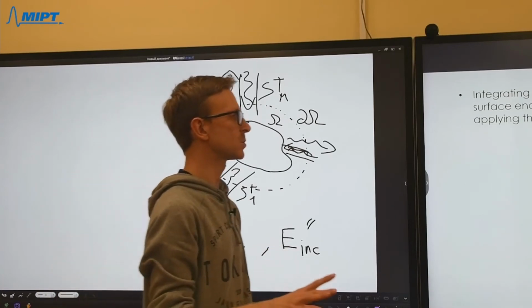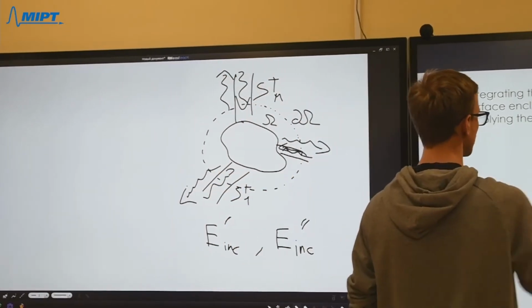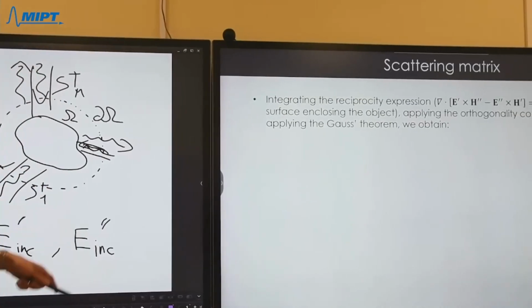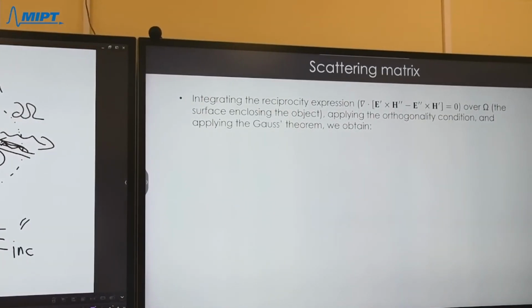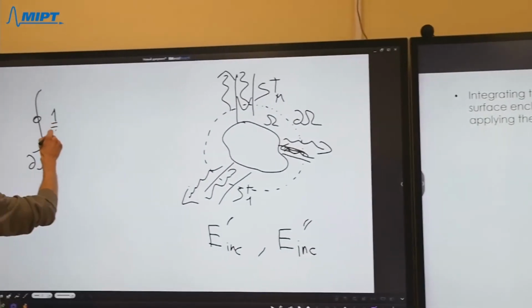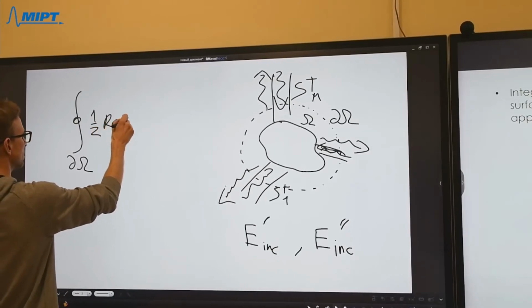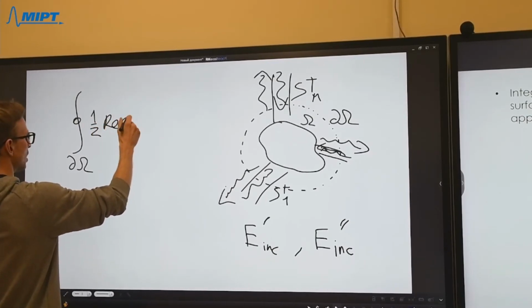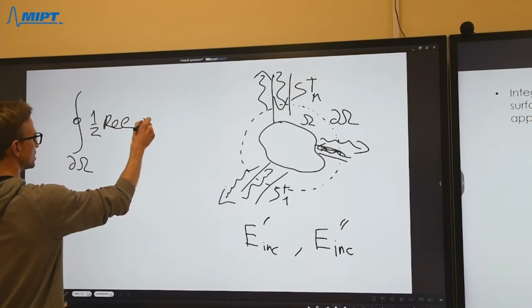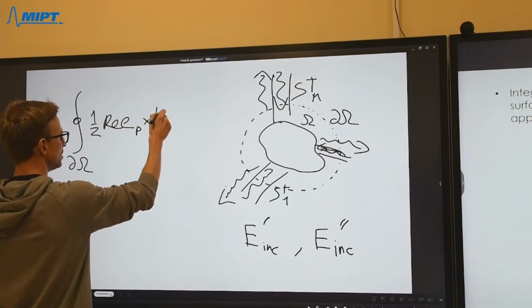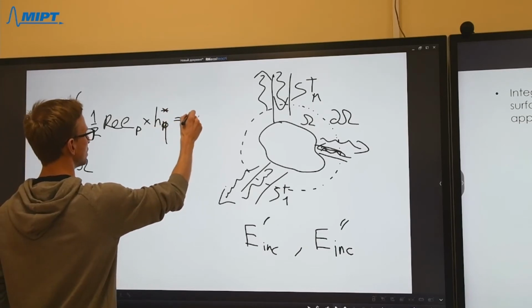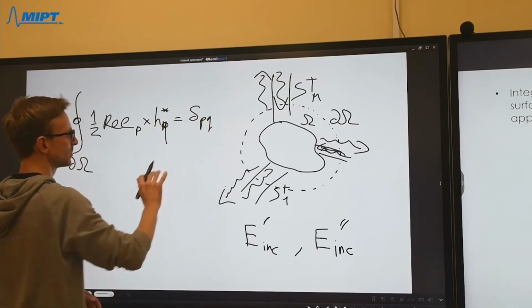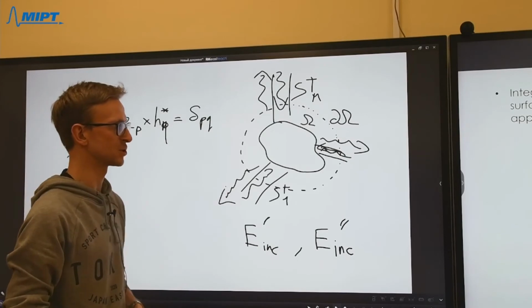And then I'm also going to apply the orthogonality condition for the channels, which looks like 1/2 real part of the integral over d omega of E_P times H_Q conjugated equals delta PQ. This is the normalization condition for the fields that describe our scattering channels.